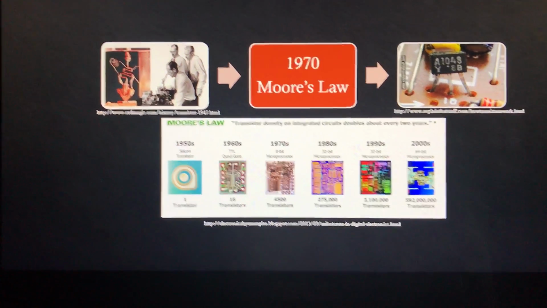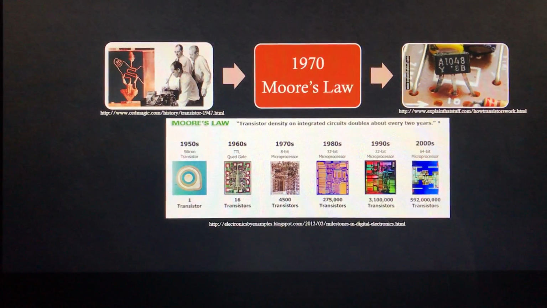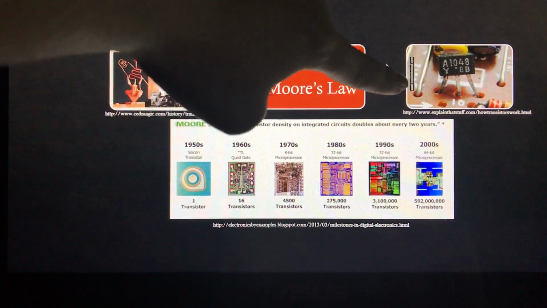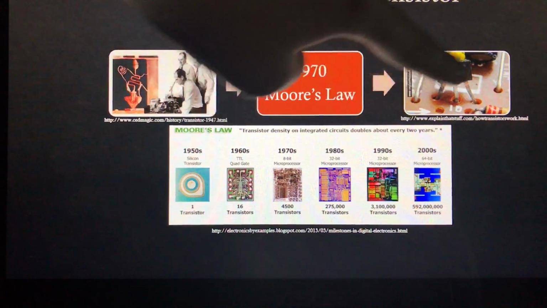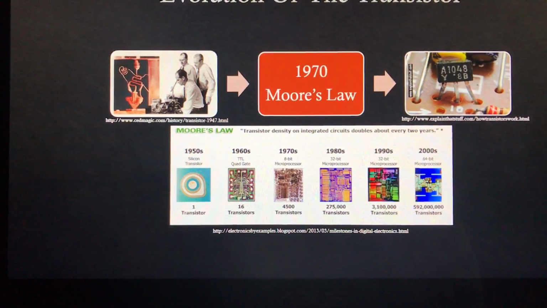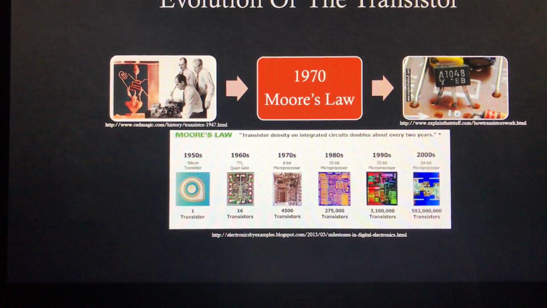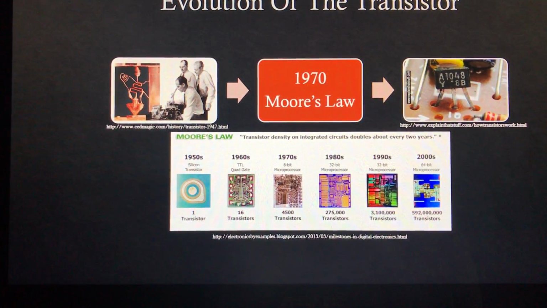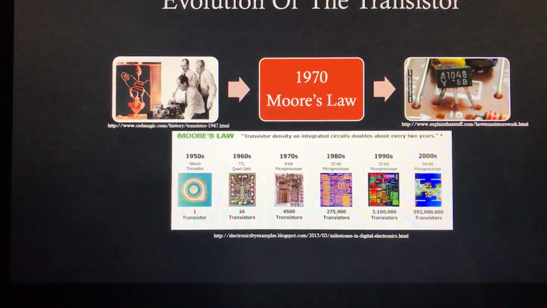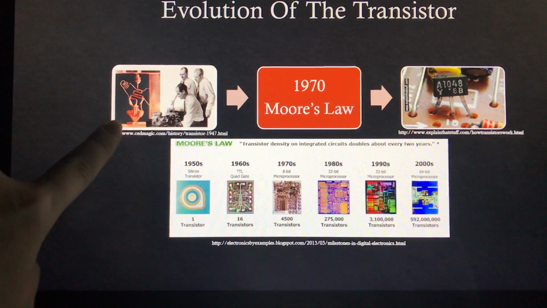So I kind of had to just stop at the 2000s. But in this last picture right here, this is approximately what a transistor would look like today. It's a lot larger than what you would see on a processor, but that transistor is similar to what they look like today versus this contraption here.